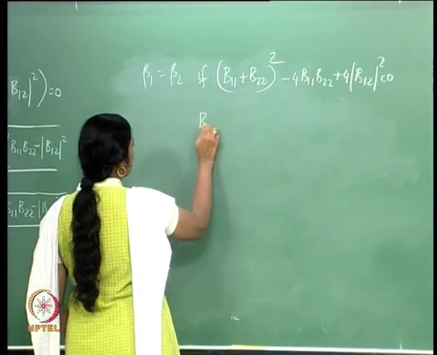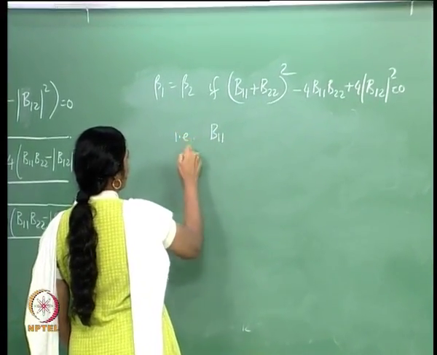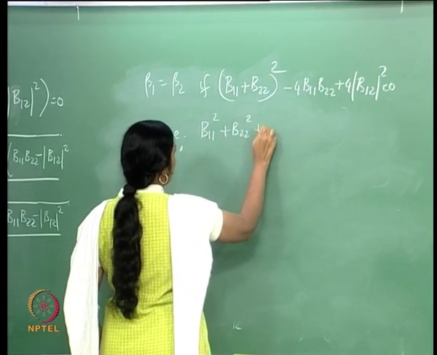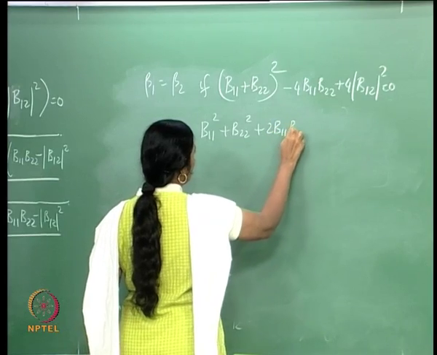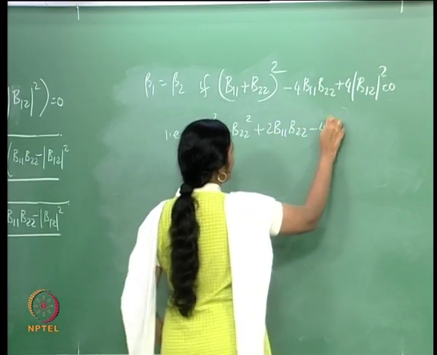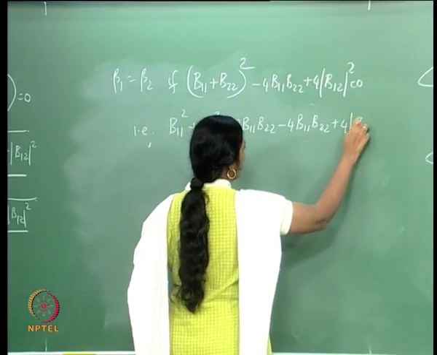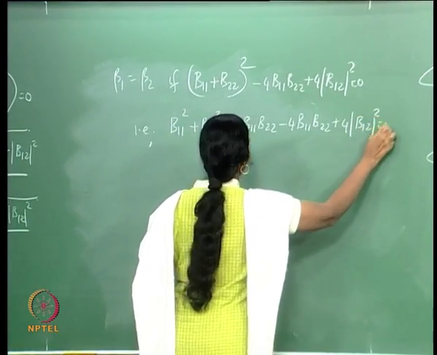So, let us expand this, that is B11 squared plus B22 squared plus 2 B11 B22 minus 4 B11 B22 plus 4 mod B12 squared equal to 0.